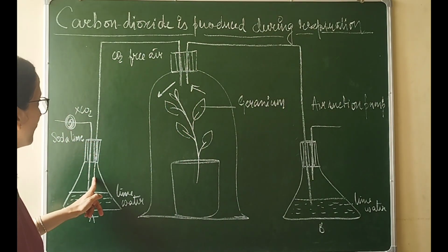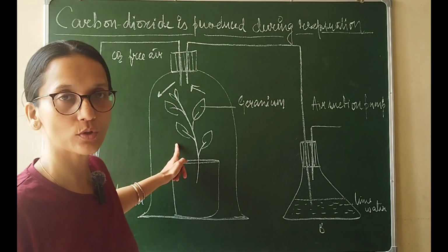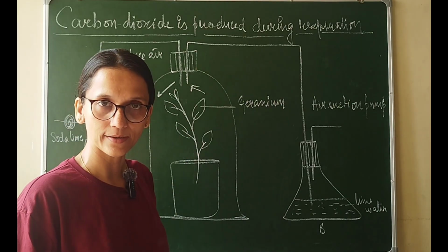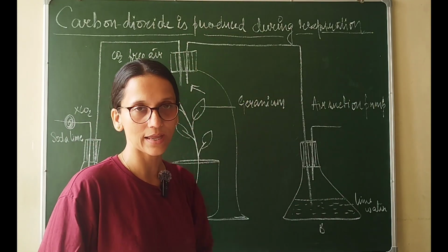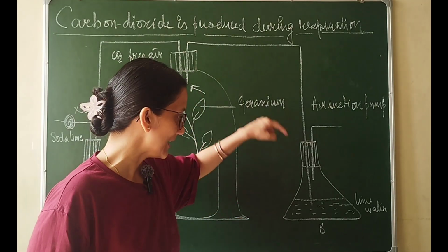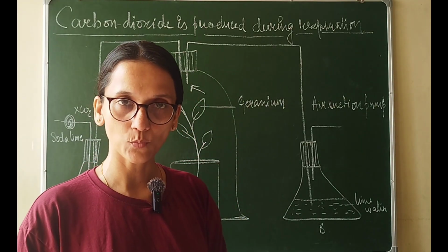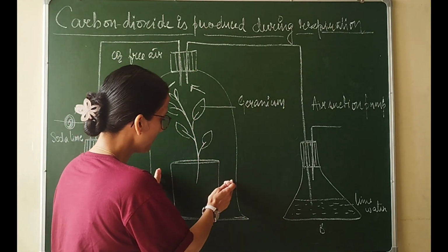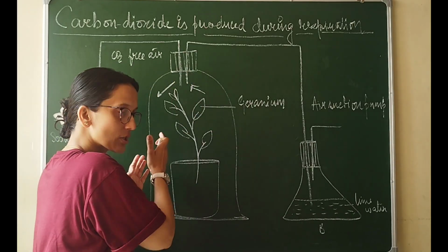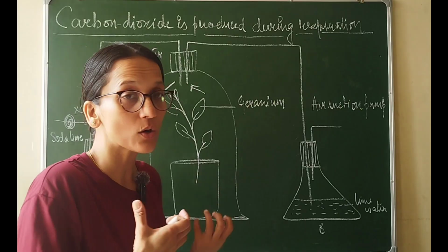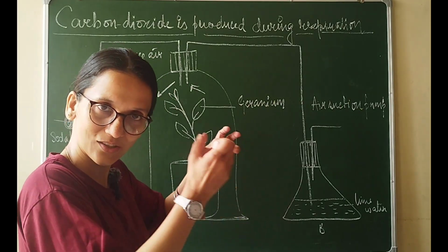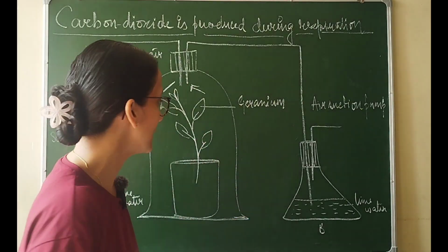Now the same air from flask A will enter the bell jar containing the plant, and after some time the air from the bell jar will enter flask B, which also contains lime water. Now what basically happens here is, though the air which comes inside has no carbon dioxide, it has oxygen, and what the plant requires for respiration is to consume oxygen and liberate carbon dioxide.